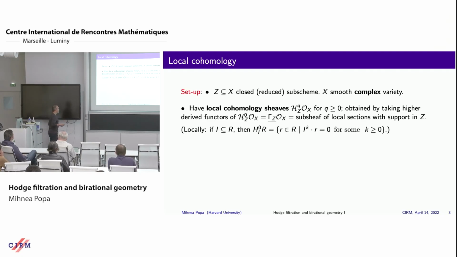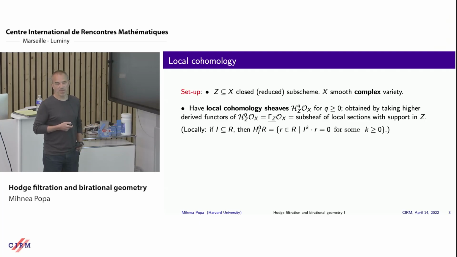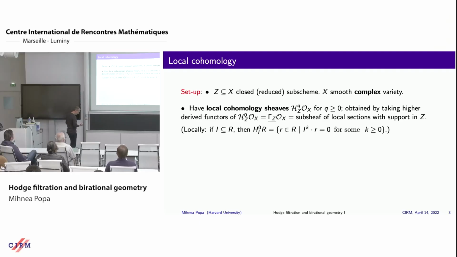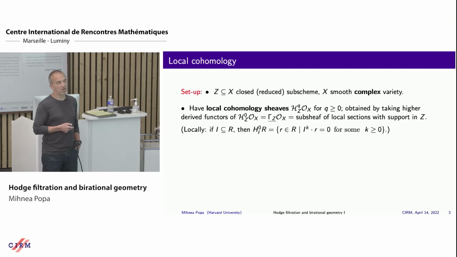Okay, it can be defined in general for any quasi-coherent sheaf. And this, I remind you, is obtained by looking at the sheaf of sections that are supported in this subscheme Z, and then passing to higher derived functors, as we always do, right? So to be more precise, locally, if you have a ring of functions, and you have some ideal, then you start with the elements in the ring that are annihilated by some power of the ideal.